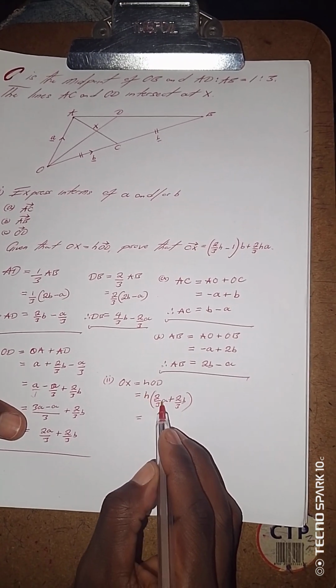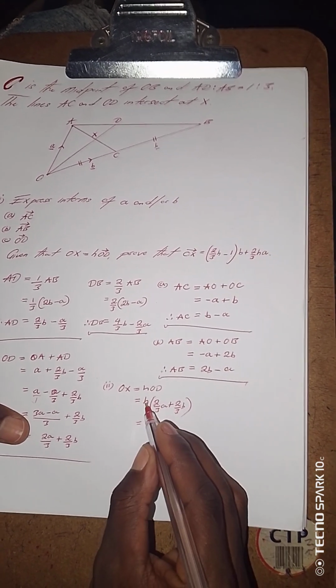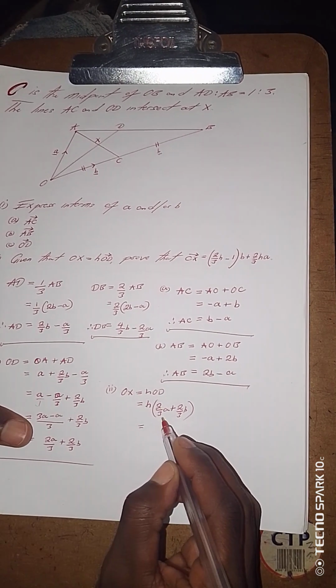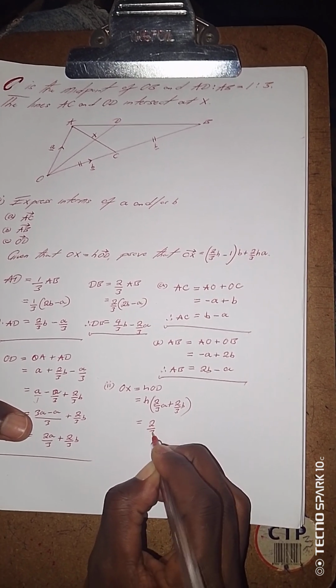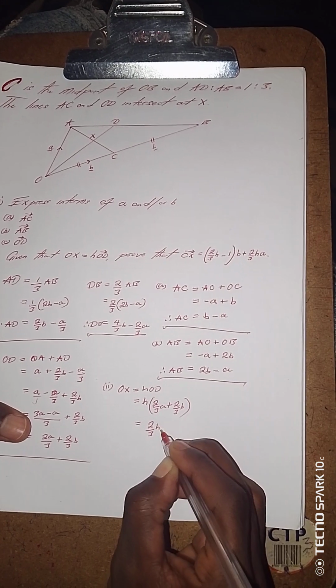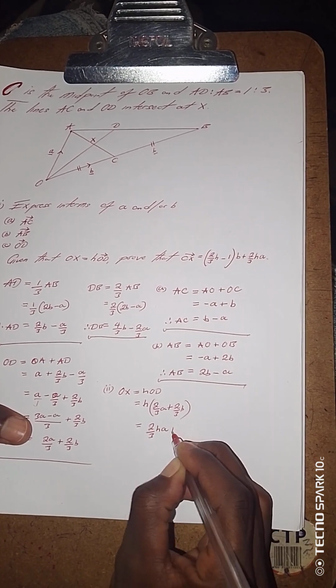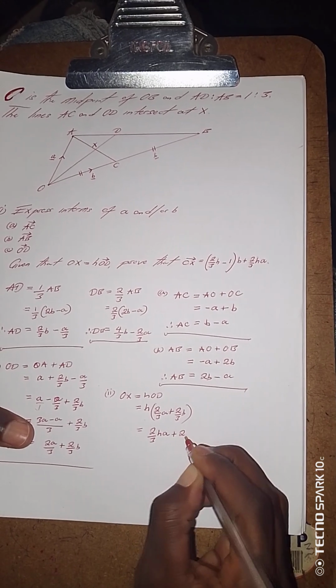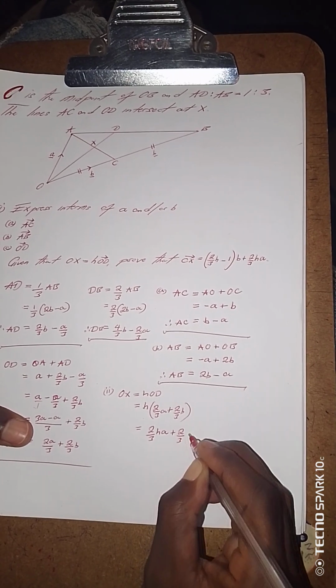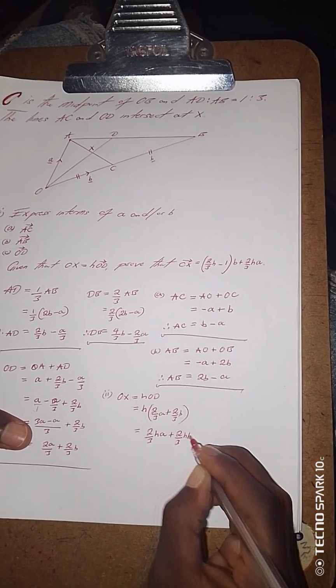This h should multiply with this one, also with this one. So h times 2 over 3A is going to be 2 over 3hA. h should be inside. Plus h times 2 over 3B is going to be 2 over 3hB.